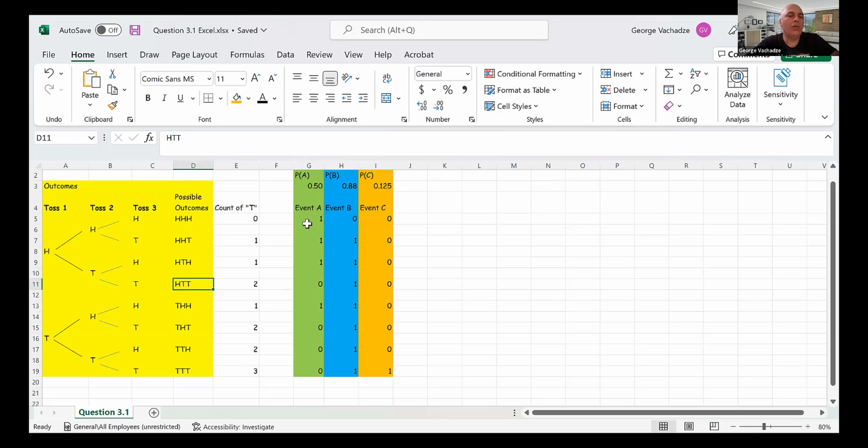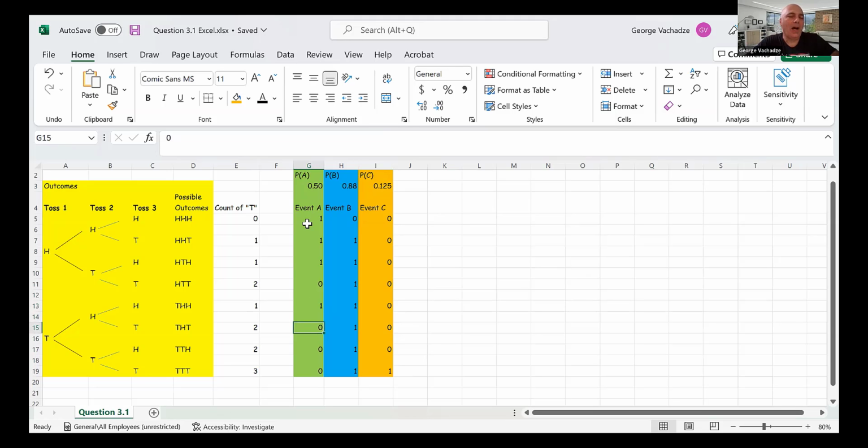That's not at most 1 tail, because tail occurs twice. So that's why I put 0 here, which indicates that if the outcome was HTT, A did not occur. Now outcome 5, we have THH. T occurs only once, and I put 1, which indicates occurrence of A.